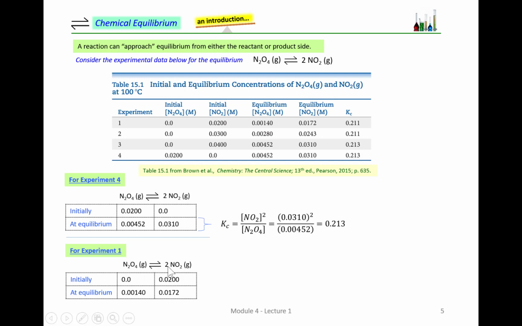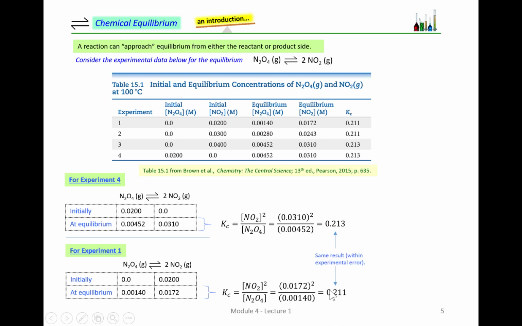Now when this happens in this case, the concentrations of N2O4 and NO2 at equilibrium are different than in the first experiment when we started with reactant, no product. So you'd expect the Kc value to be different. Well, it better not be because it's a constant, and it's not. If you put the values in the proper expression, we come out with the same value of the equilibrium constant within experimental error.